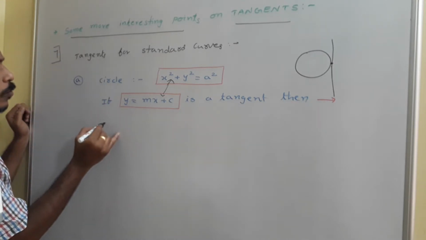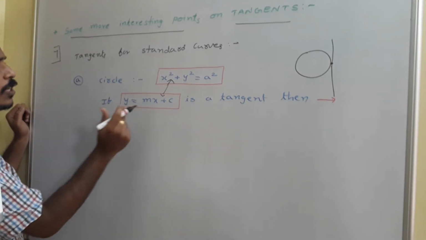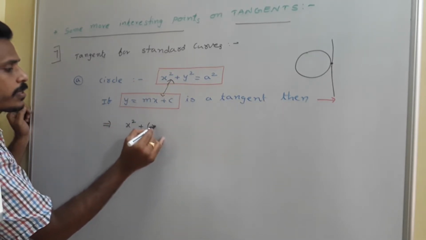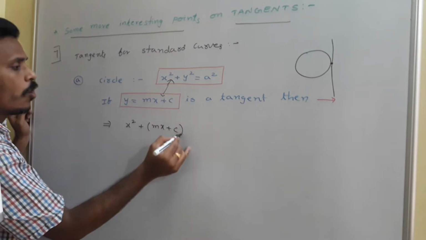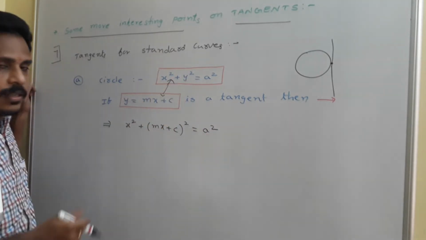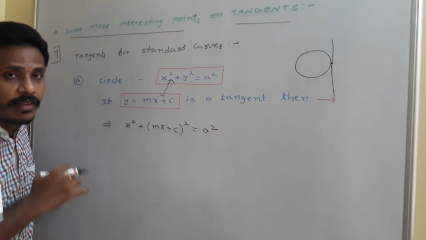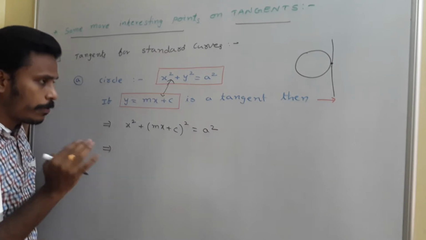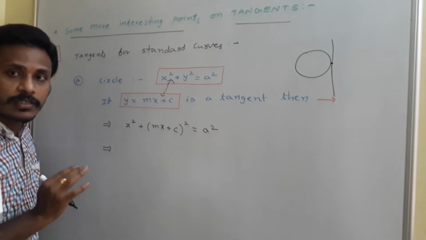While solving, just replace y is equals to mx plus c there: x square plus mx plus c whole square is equals to a square. I am trying to get the values of x, and I need only one value for x, because there is only one common point for the circle and the line.